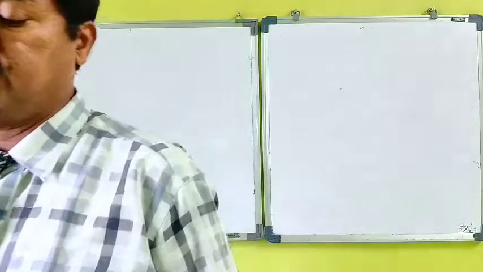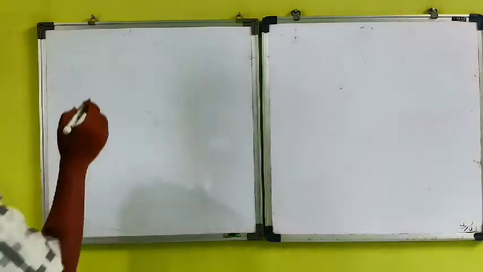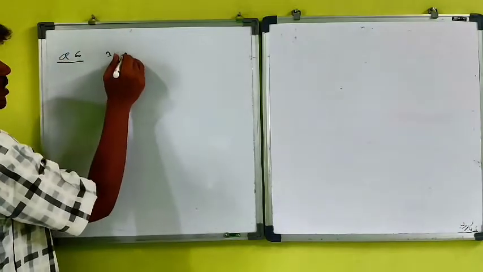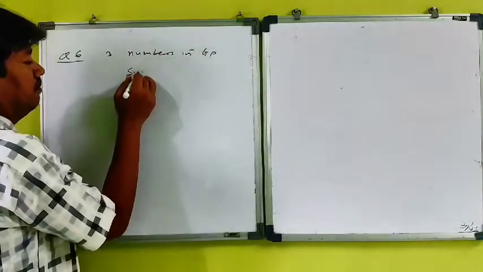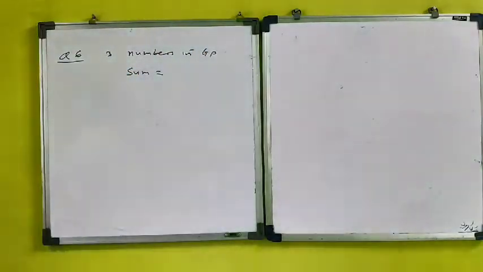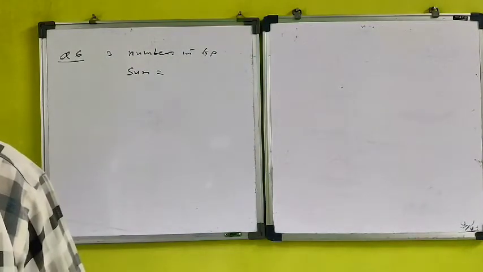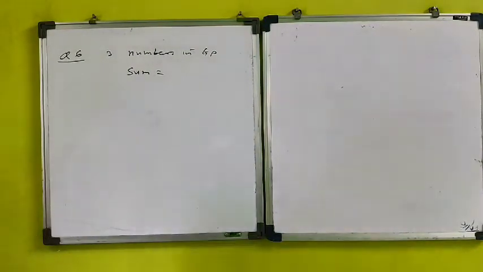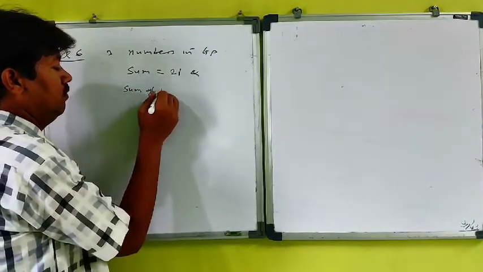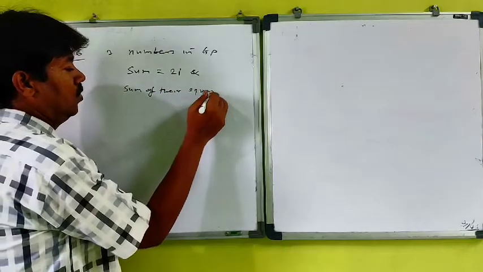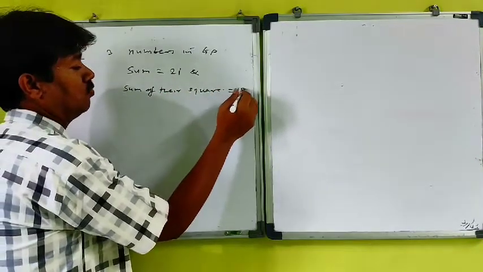Next question is question number 6. Find the three numbers in GP such that the sum is 21 and the sum of their squares is 189.